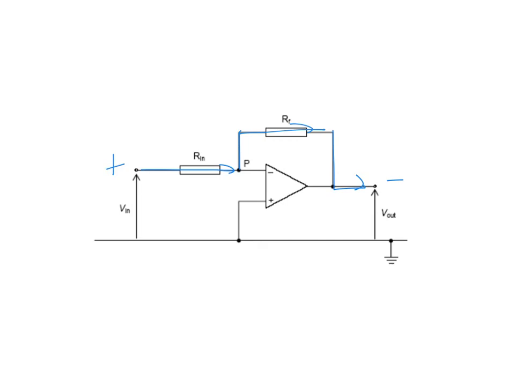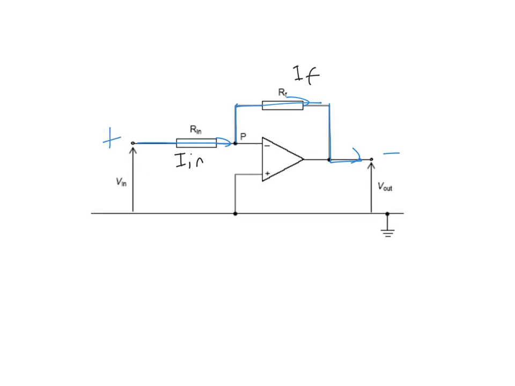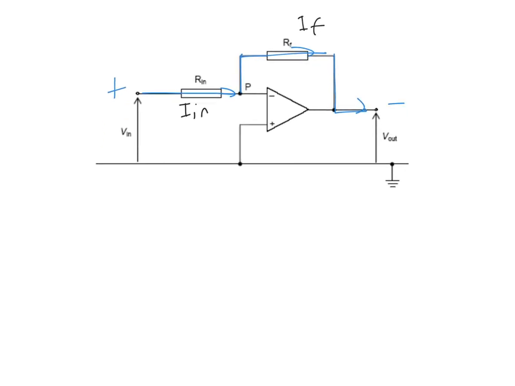Let's say the current here is called I in, and this current is called IF. Now, the current cannot split because there's infinite input impedance, it cannot flow in. So do you agree the current here must be equal to the current here, or I in equals IF? Do you agree? Okay. So I shift it a bit higher. You start off by writing I in equals IF.